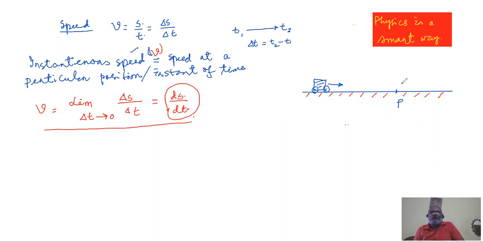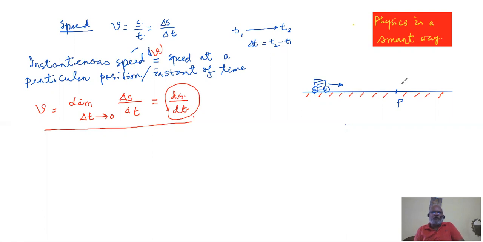Sometimes we use several terms in science, in mathematics, and if you think about it more deeply, then those terms seem to be meaningless. Here, we encounter a thing like this, that is instantaneous speed. Speed at a particular point. Think about that.